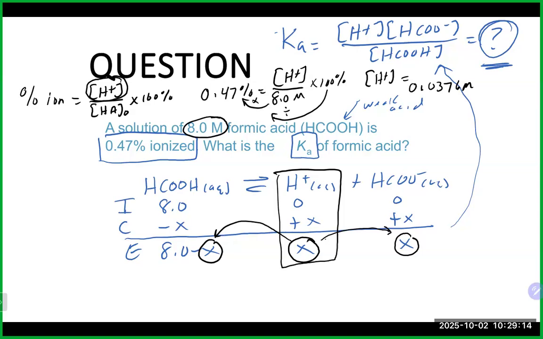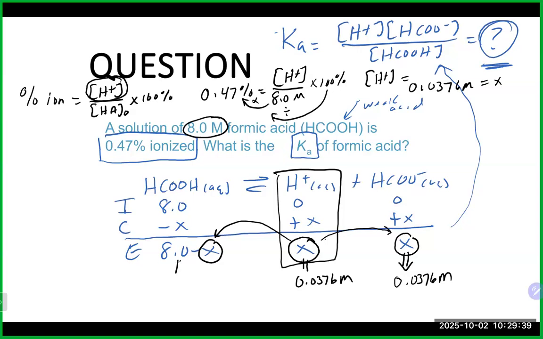This is not the answer in this case, right? Because we are looking for the actual Ka value, but we can see that the H plus concentration equals X, which means that this value up here also equals X in our table. That means that its concentration would be 0.0376. So would our HCOO minus, 0.0376.